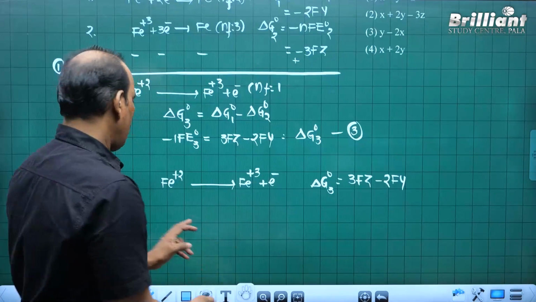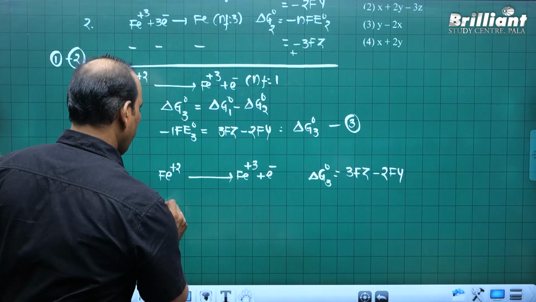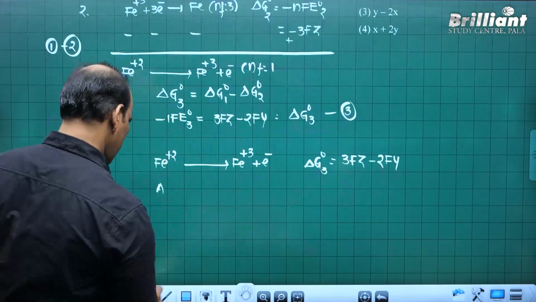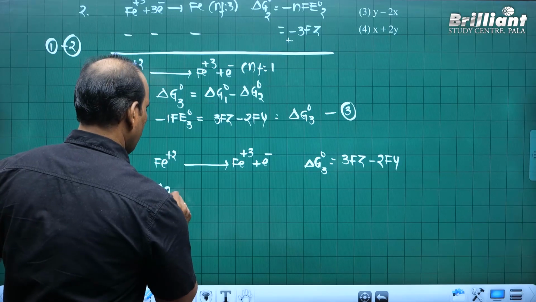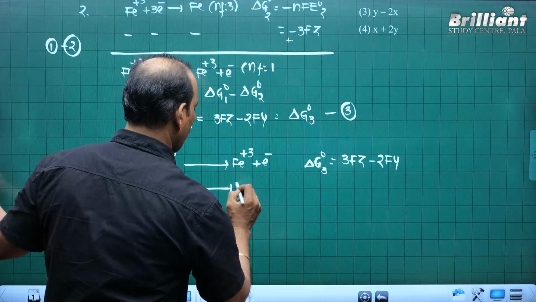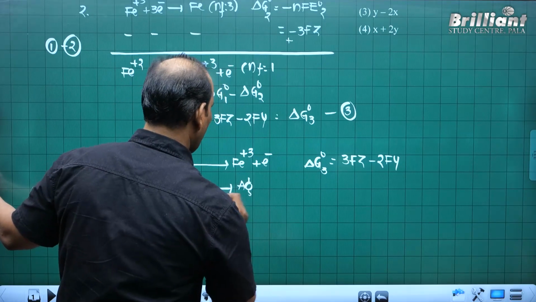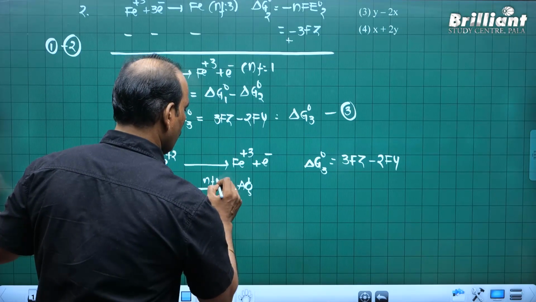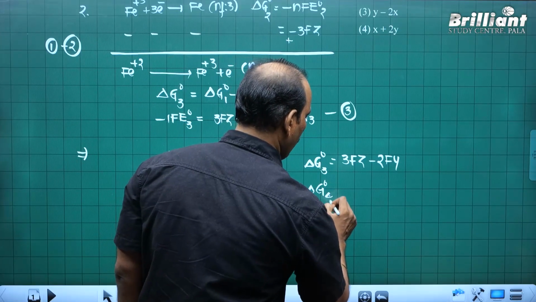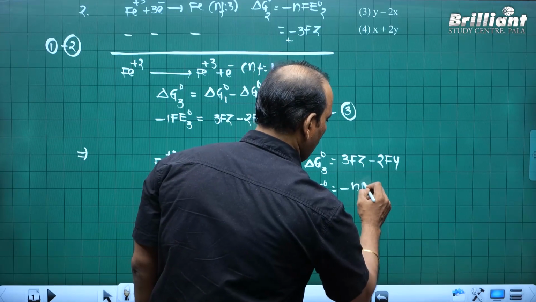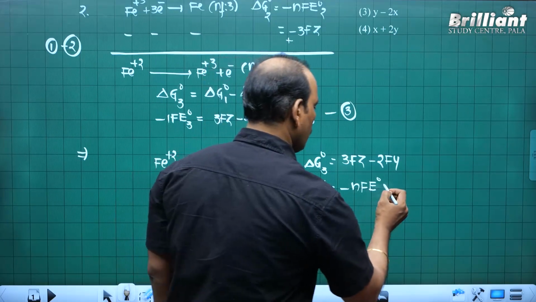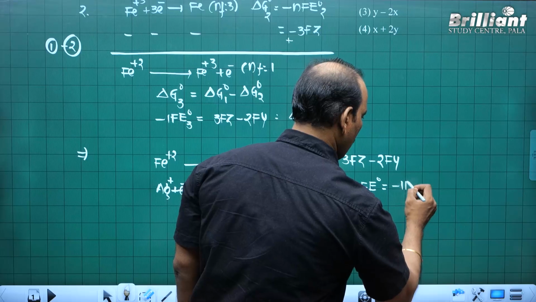Now next equation: Ag+ plus electron gives rise to Ag. What is the n factor? The n factor equal to 1. Therefore delta G0 4 equal to minus nF E0 equal to minus 1F.